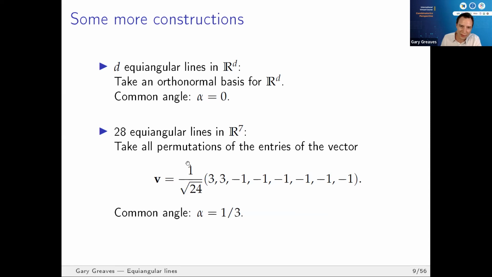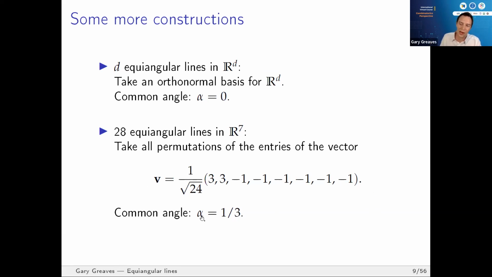Then you normalize it so it's a unit vector. And then you take all permutations of these entries. So you have 3, 3, -1, -1, and so on. Then you might swap this 3 and this -1, so you have -1, 3, 3, -1, -1, and so on. You take all permutations of that, and that will give you 28 different vectors.